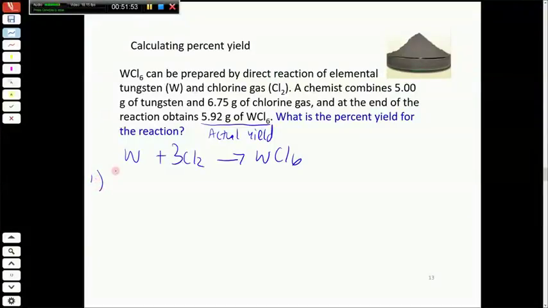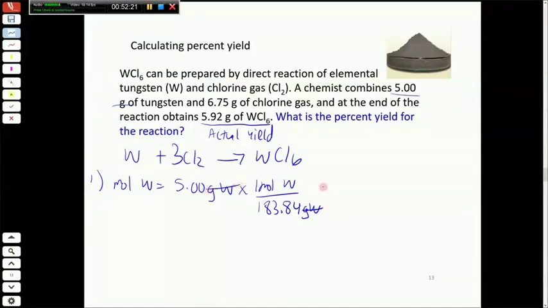So the first step is to find the moles of each, and then their stoichiometric ratios. Starting to beat a dead horse now, we have 5 grams of tungsten, as well as how much we put in, and we convert that into moles. I neglected to give you the molar masses, but tungsten is an element, so we find its mass from the periodic table: 183.84. It's one of our heavier transition metal elements.